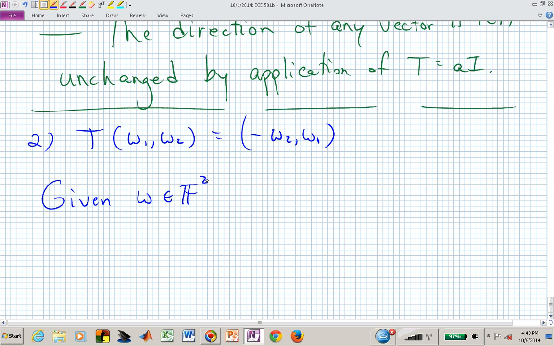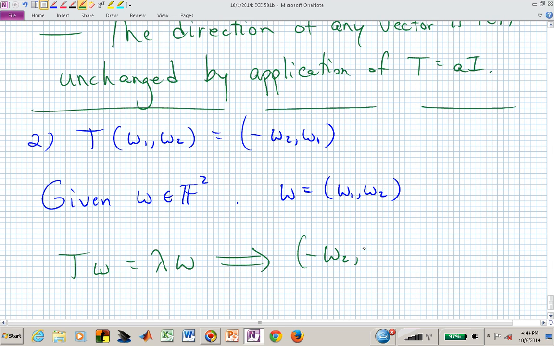So now let's say W is this vector of two coordinates, W1, W2. If we examine and try to find eigenvalues and eigenvectors for this linear map, let's see what happens. We want TW to be lambda W. What does that mean? Well, TW is just minus W2, W1 by definition of that linear map.